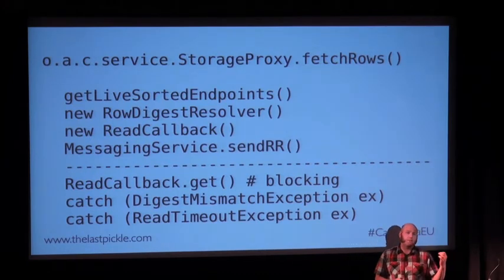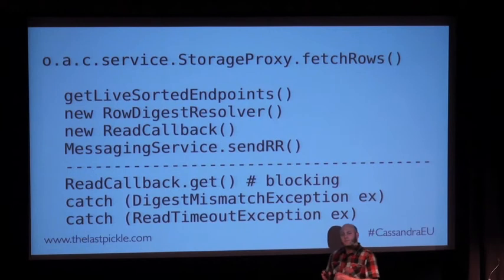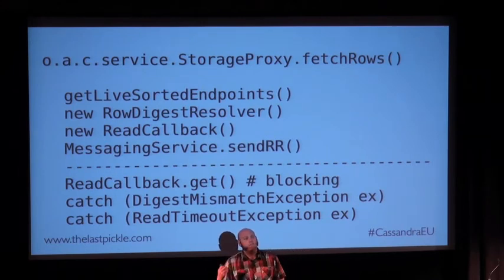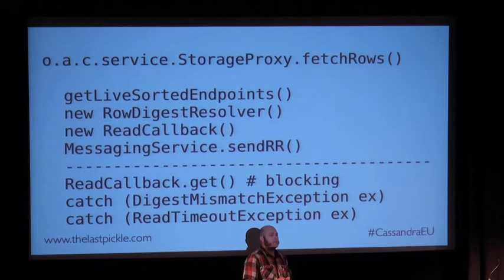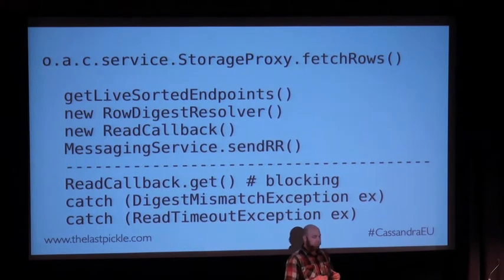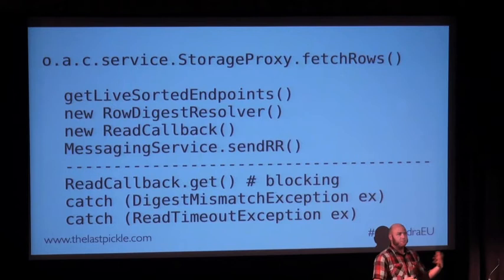For each read command, we create a row digest resolver, because this is the first time we've done this read. We use that to construct a read callback. And then we use our read command to generate messages, and we use that and the read callback and the messaging service to send those messages to stages on the local and the remote node. And the stages are the things you see in nodetool tpstats. So read stage and mutation stage.